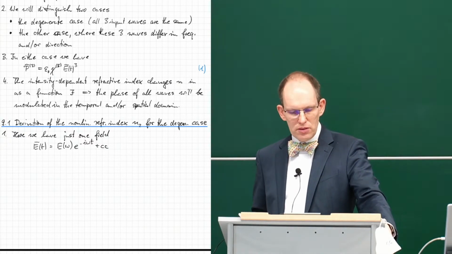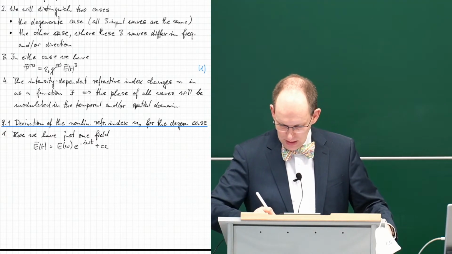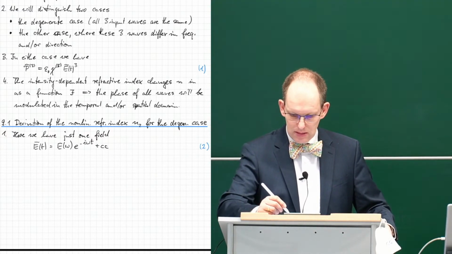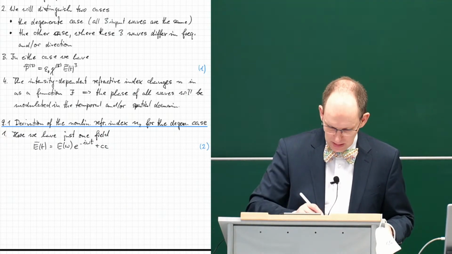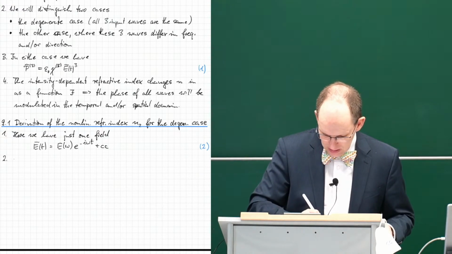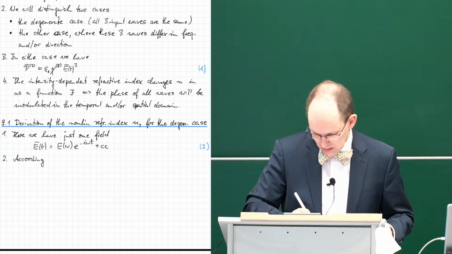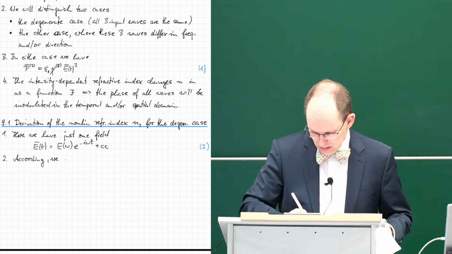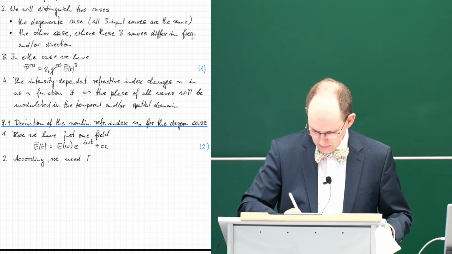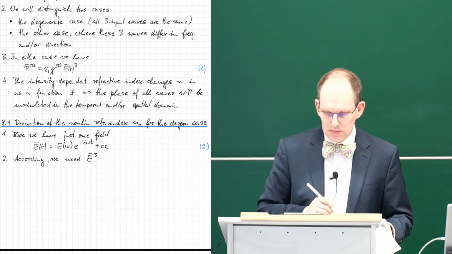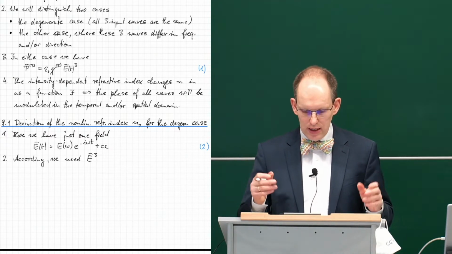And now what we have to do is, according to this equation 1, we have to take the cube of that. Yeah? So this would be the second point here. According to 1, we need the cube of that.